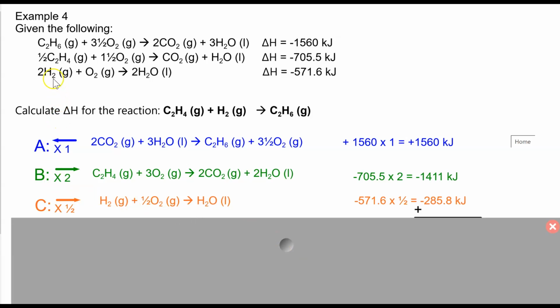So I'm going to keep it forward because H2 is on the proper side, the reactant side here and here, but I need to get down to 1, so multiply 2 by a half. So this becomes a 1, this becomes a half, and this becomes a 1. I'm also going to multiply through by a half, and I'm going to keep the sign negative. So that's what I did there.